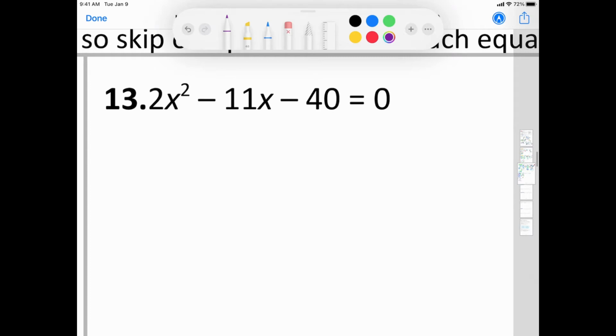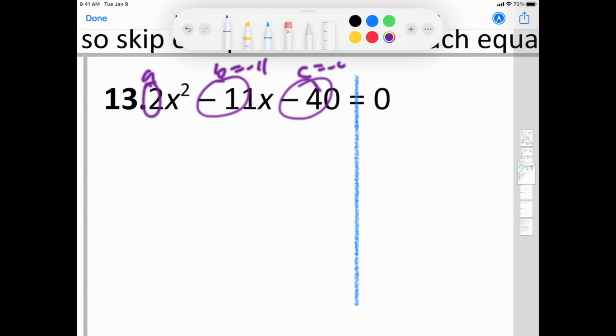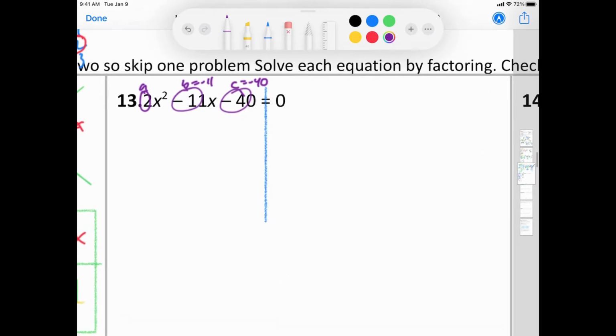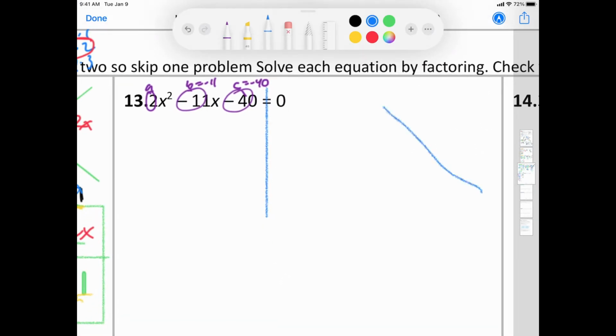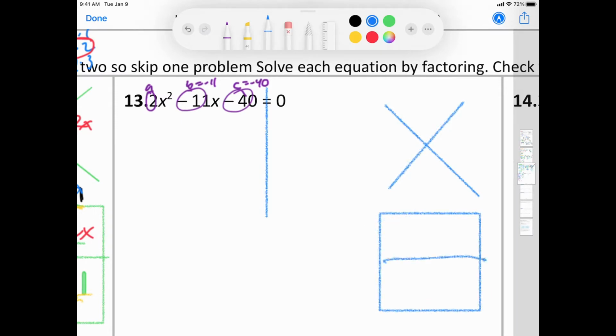Set equal to 0. Greatest common factor: 2, 11, and 40 are not all even, so we're good. A is 2, B is negative 11, and C is negative 40. Okay.